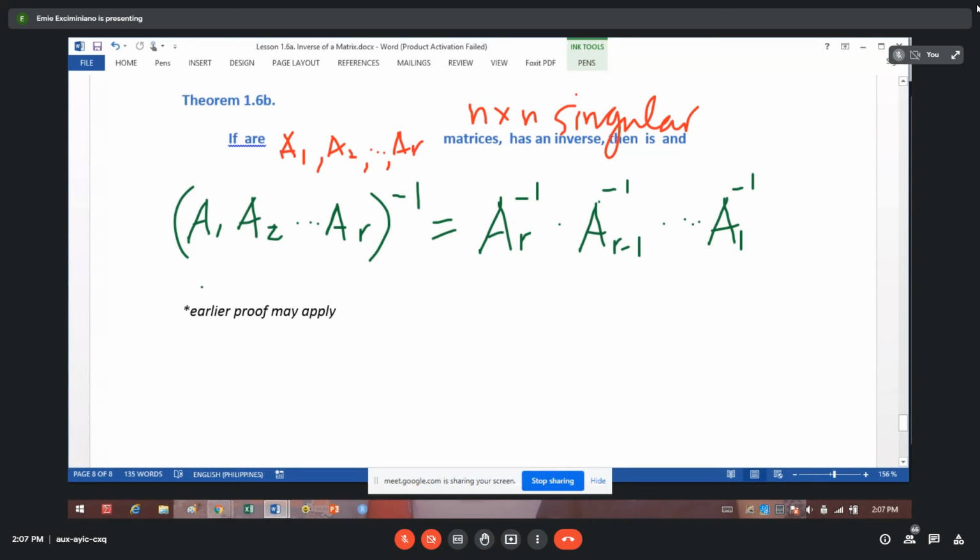Parehas lang sila. Kaya lang, you have to change the order of the matrices that we are supposed to multiply.